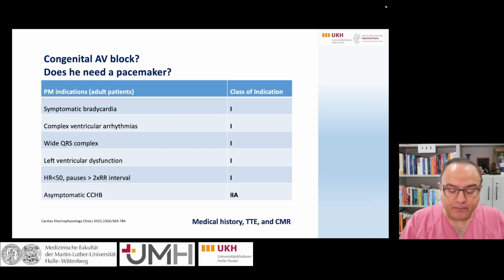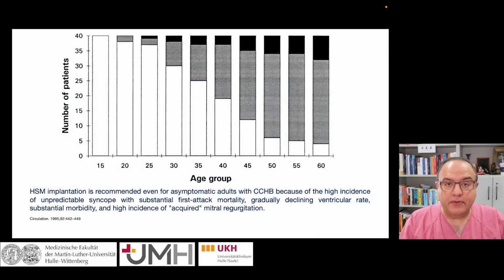Why? This is a relatively old study from 1995 from Denmark, which showed that many patients with asymptomatic AV block experience syncope, and even the first syncope has a high rate of mortality and morbidity. In addition, we have gradually declining ventricular rate in these patients and a high incidence of so-called acquired mitral insufficiency.